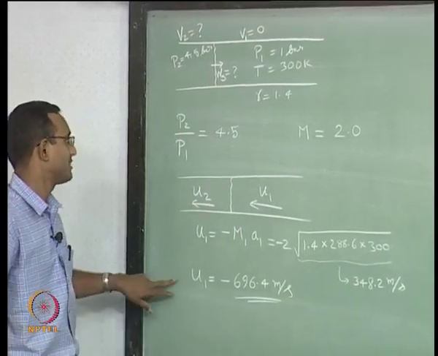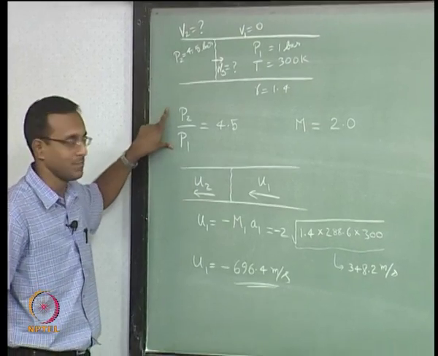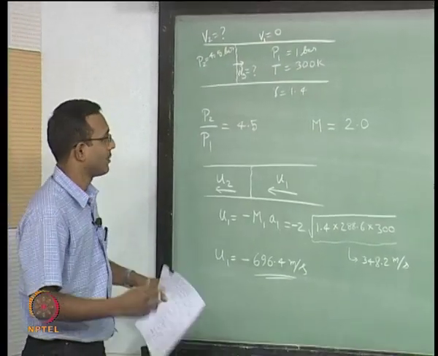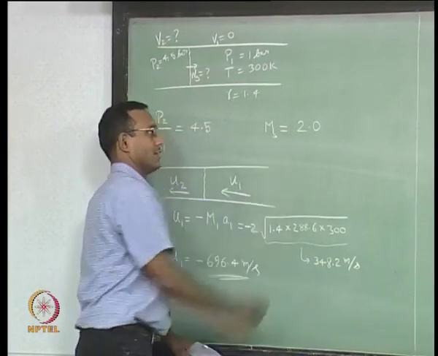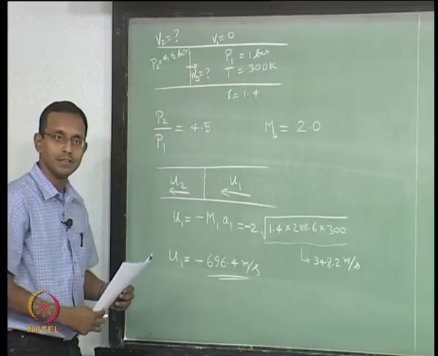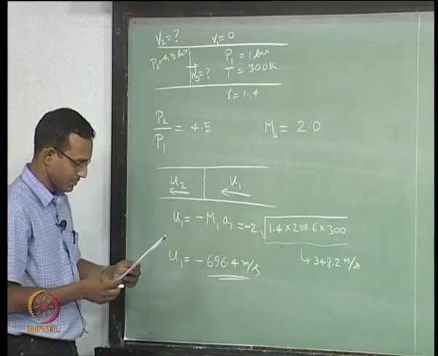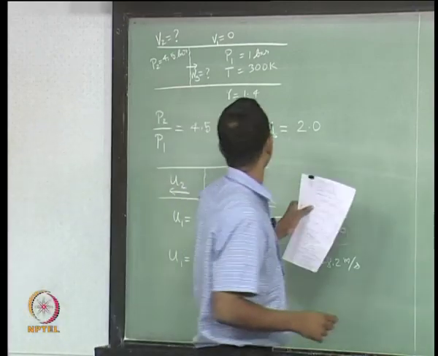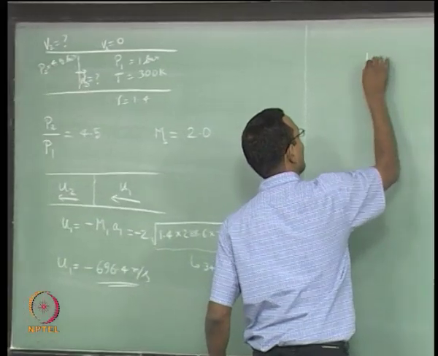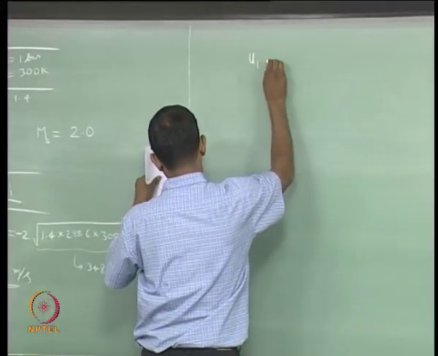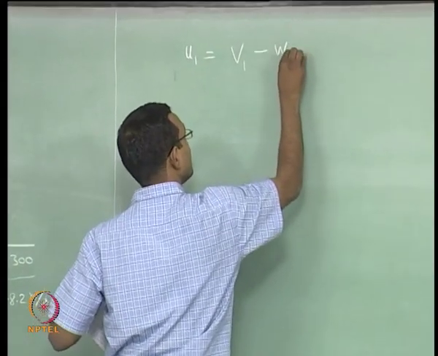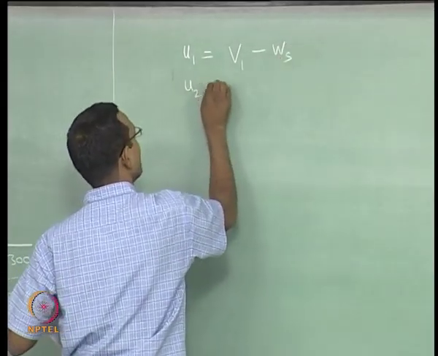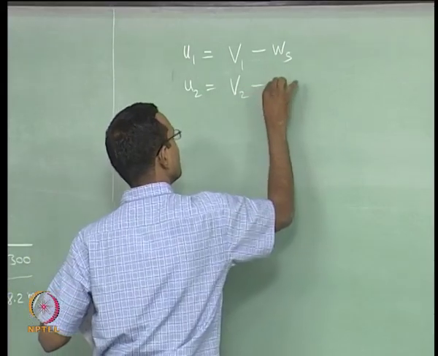In a way it is given because P2 by P1 was given, and from there I found M1. I do not want to call it M1, I will call it M of shock. So, we have solved up to this point. Now, we will write the equations which we already wrote before: u1 equal to v1 minus ws and u2 equal to v2 minus ws.